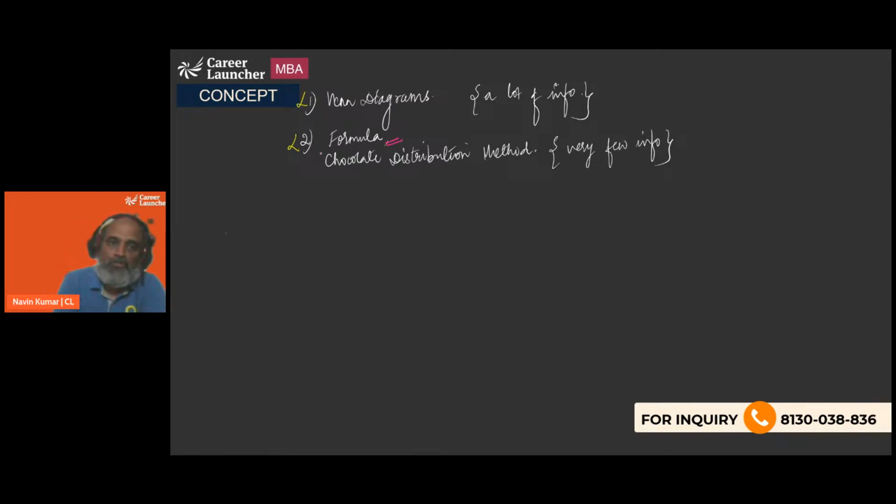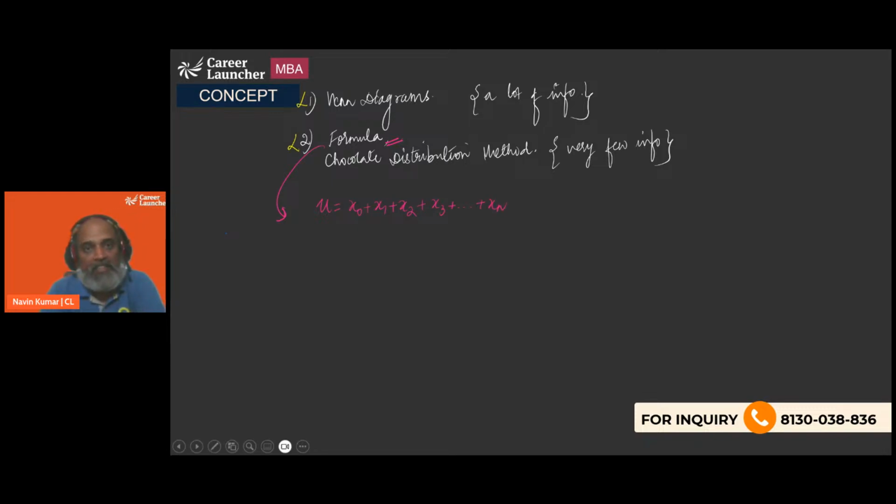Okay, so the formula approach is that the universal is given as x0 plus x1 plus x2 plus x3 and so on plus xn.